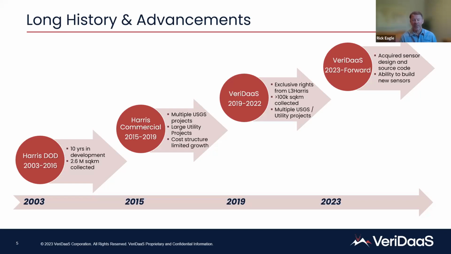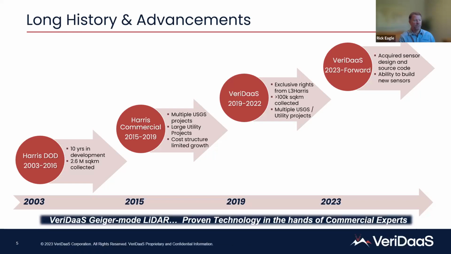It enables us to build more sensors, and we're really excited about Geiger mode's future now that we have all of that IP. So we want to leave you with the thought that Geiger mode has been around for a long time, but now we feel that it's really in the hands of people that understand how to use it commercially, understand how to fly very cost effectively, and provide valuable data to government municipalities.